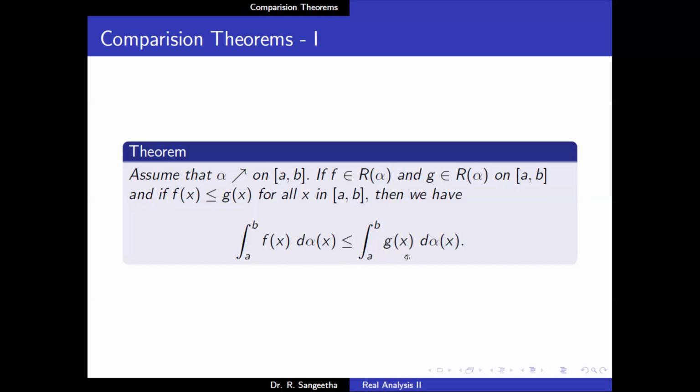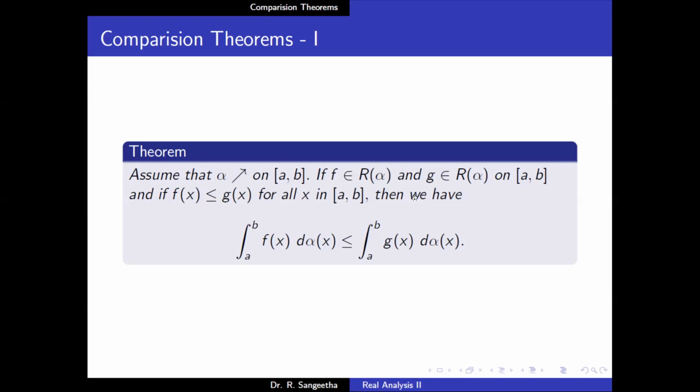So what is given to us? Our integrator alpha is a monotonically increasing function, and we are given two functions f and g. Both f and g are integrable, and f of x is less than or equal to g of x for all x in the closed interval a comma b.